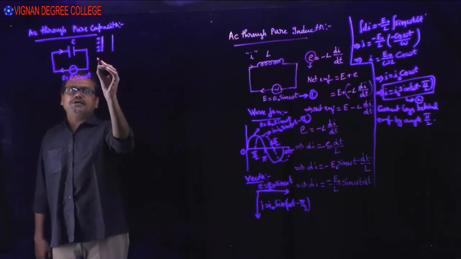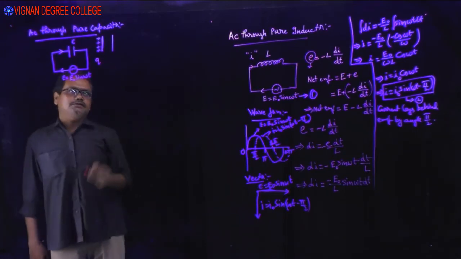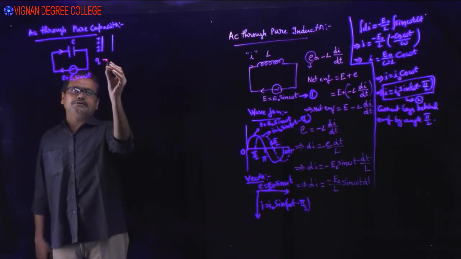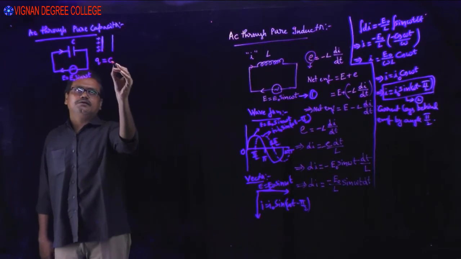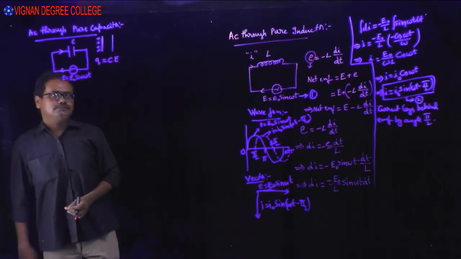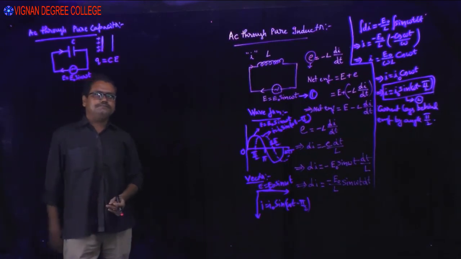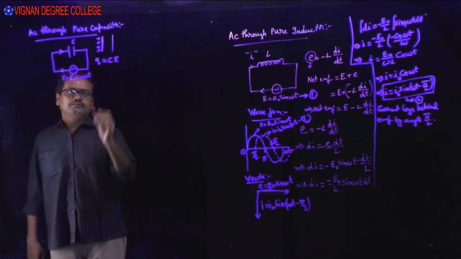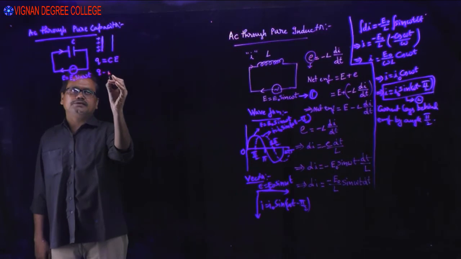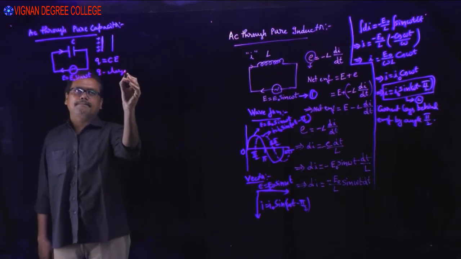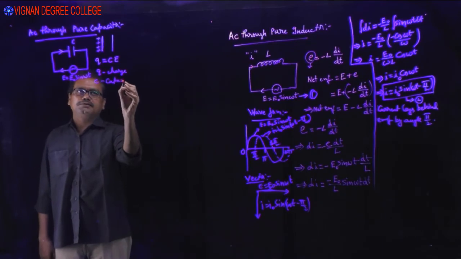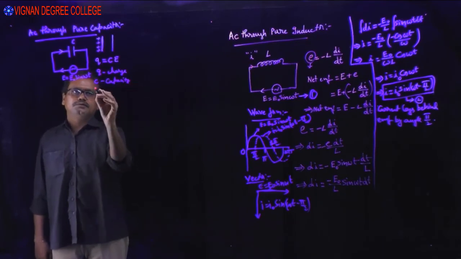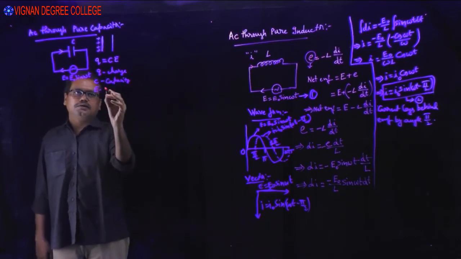If Q be the charge on the plate of the capacitor, C be the capacity and V be the potential, we know that Q is equal to CE. Here Q represents charge, C capacity, E applied EMF.